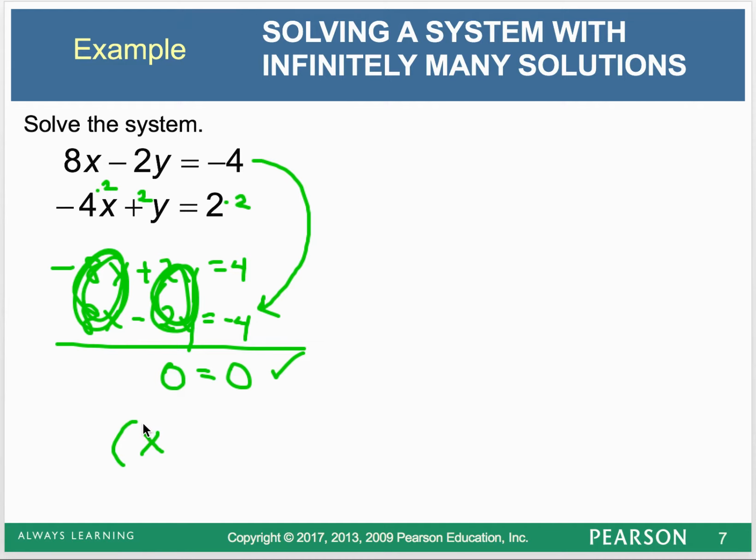It doesn't matter. So if x is going to be arbitrary, then we're going to take one of these equations and solve it for x. So let's just take this one.